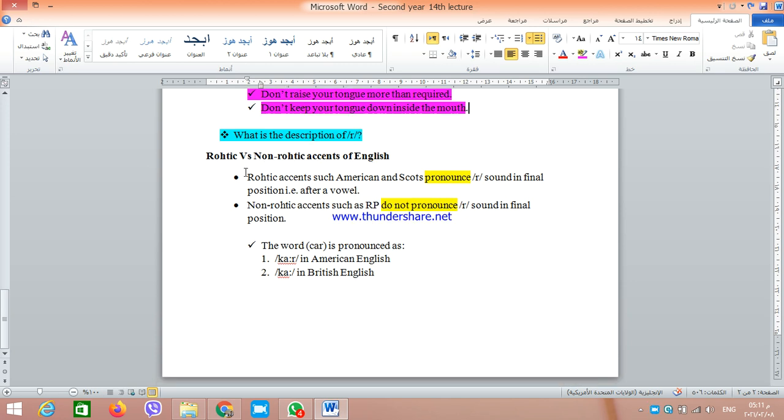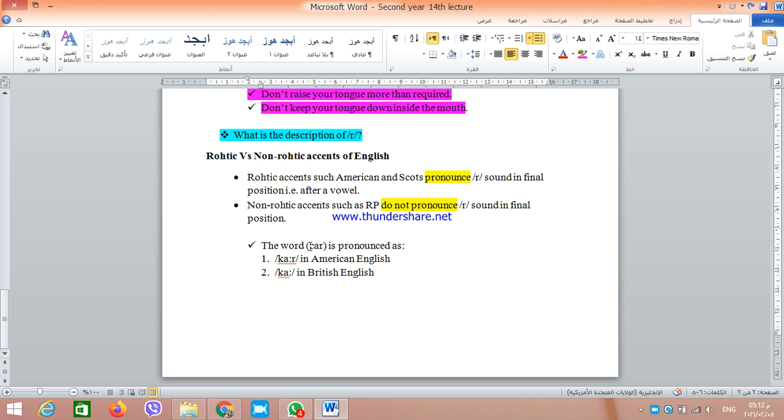Now let's talk about the distribution of ra. In some accents of English, ra is pronounced in all positions, initially, medially, and finally. But in other accents, the ra is only pronounced when it is before vowels. When it is after vowels, it's not pronounced. In British English, for example, the sound ra is not pronounced after the vowel or in final position.